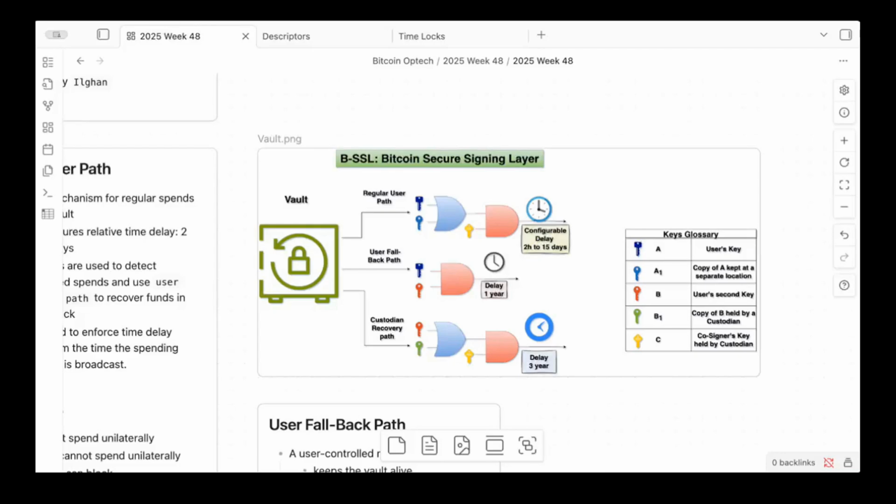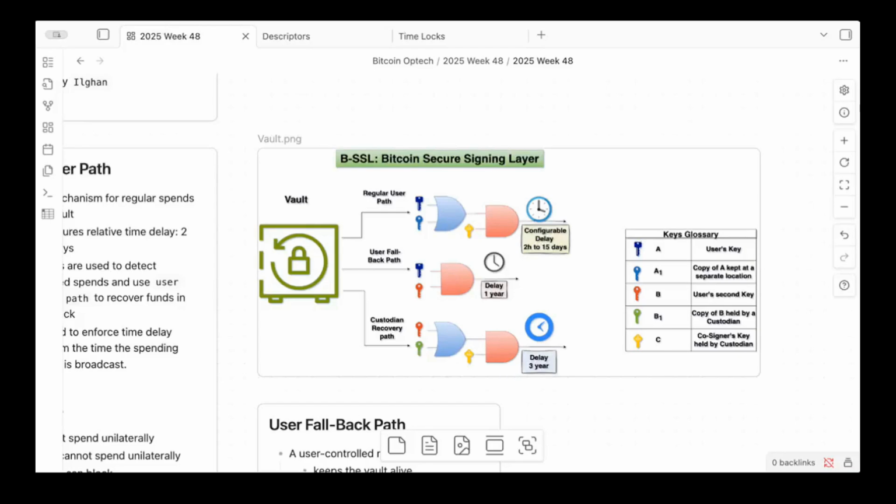This C is called a cosigner because in your regular path, you definitely need him to sign your transaction. B1 is called a custodian because only after 3 years and only if you lose your key, you will need B1.